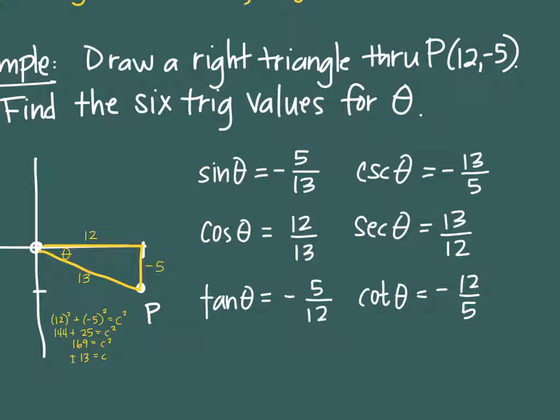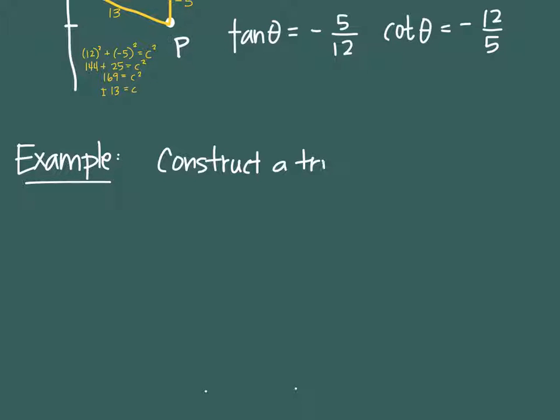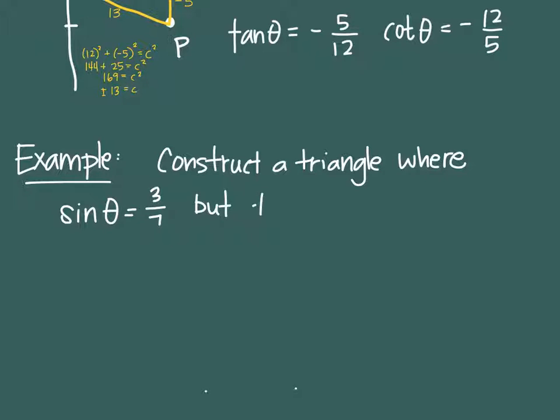Okay, let's keep going. I have a couple more, maybe 2. Okay. Construct a triangle where the sine of theta would be equal to 3 over 7, but the tangent of theta is negative.